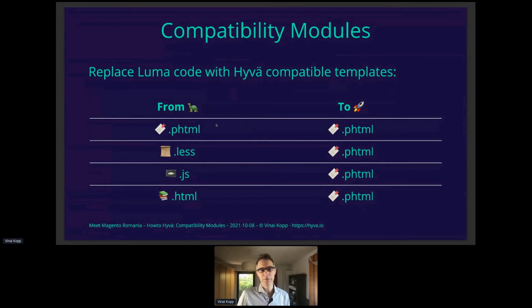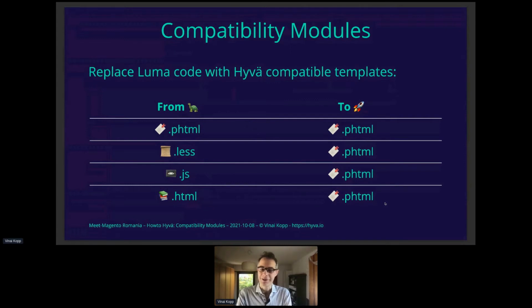So normally with Luma, we have PHTML files, of course, layout XML, but that actually stays the same. And we have less files for the styling, and we have JavaScript files, usually quite a number of those, lots of small JavaScript files. And then we have knockout templates.html files. And when we want to make all that compatible with Hyvä, basically we just inline everything into PHTML files. So it's quite simple thus far.